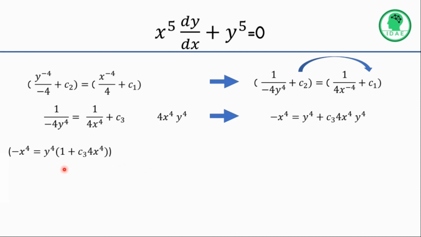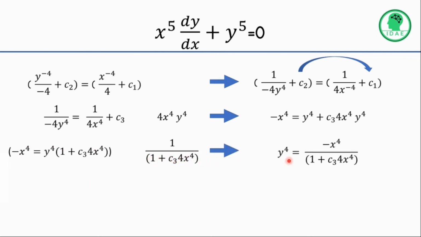The final thing we have to do is to divide both sides, actually we're multiplying both sides by 1 over 1 plus C3 4x to the 4th, right? Perfect. Now multiplying this, we'll get rid of those terms over here, we'll cancel them, alright? So we have y to the 4th alone, and on the other side we have negative x to the 4th over 1 plus C3 4x to the 4th, right? So we continue and the final result is like this.